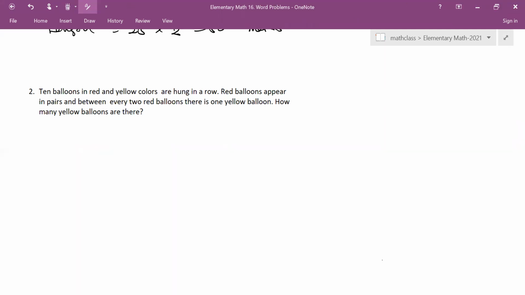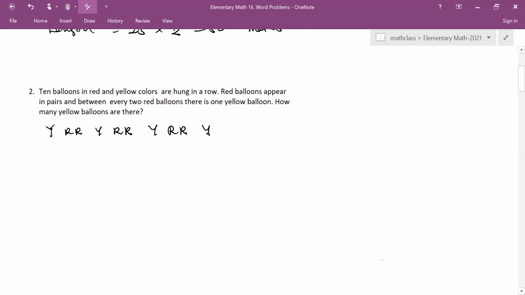Now you definitely have to draw pictures, right? And write down all the possible patterns. Then you can solve the problem. There are 2 possibilities, and maybe one of them is not possible. You begin with yellow, then red, red, yellow, red, red, yellow, red, red, and yellow.